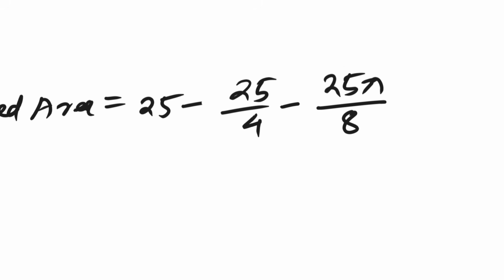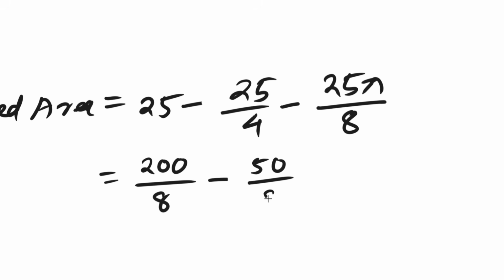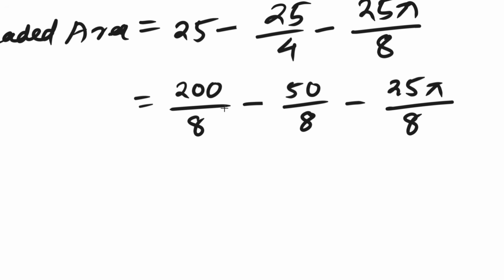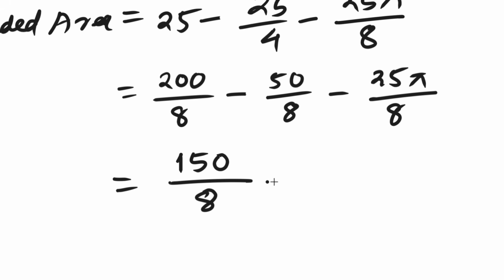So the expression becomes 200 divided by 8 minus 50 divided by 8 minus 25 pi divided by 8. Combining the first two terms gives 150 divided by 8. So the shaded area is 150 divided by 8 minus 25 pi divided by 8.